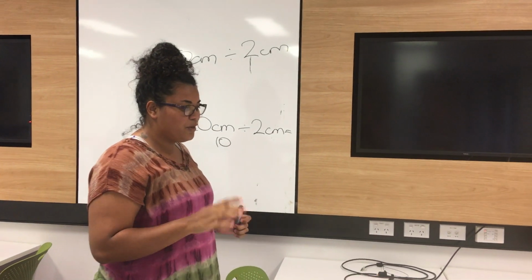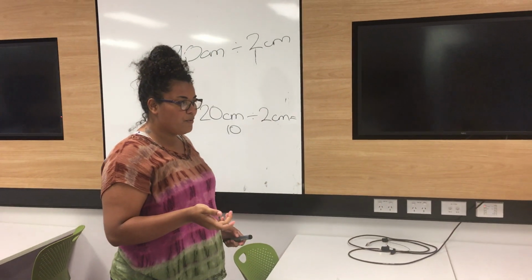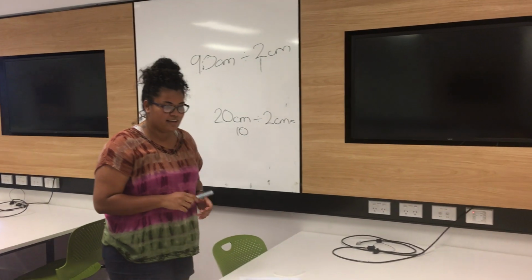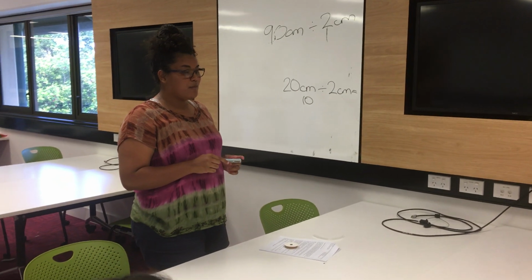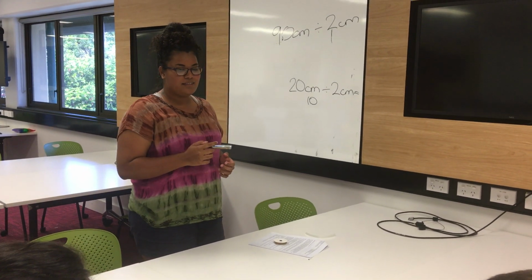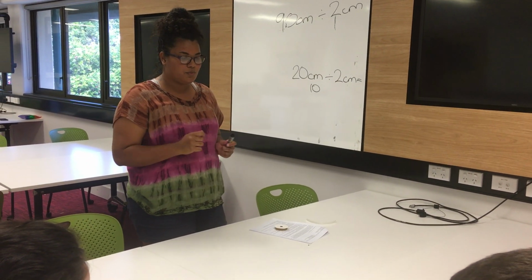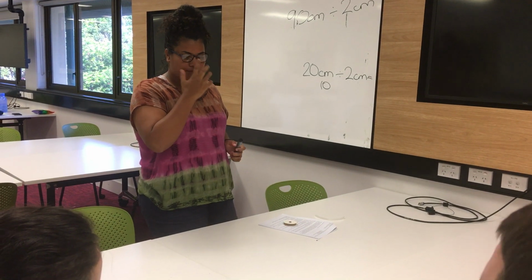We're going to use the quotition technique that we did before, and you're going to figure out how many letters we can make now out of 90 centimetres. So you're going to work together in a group.